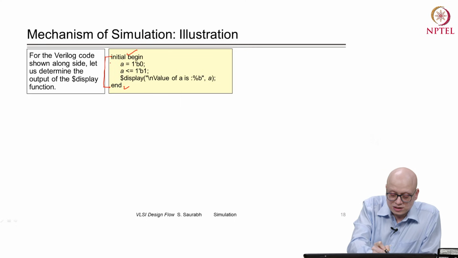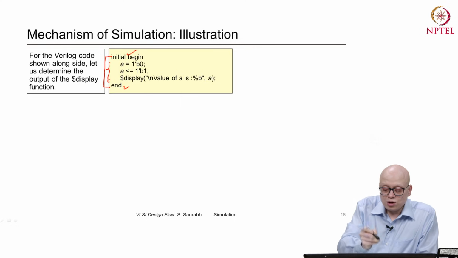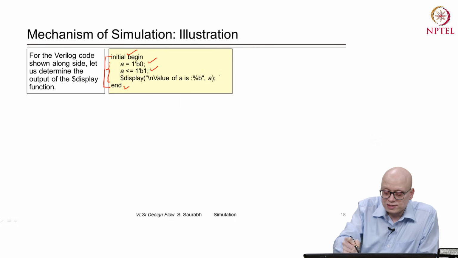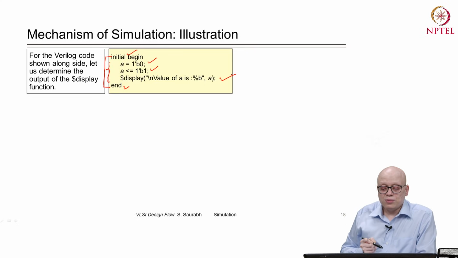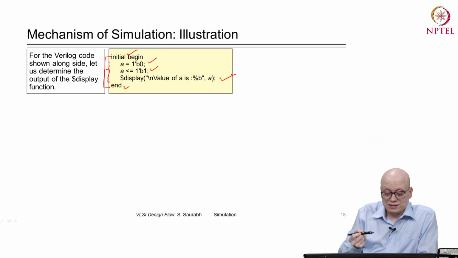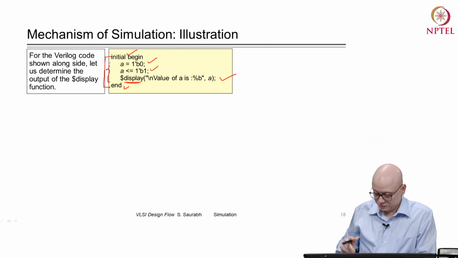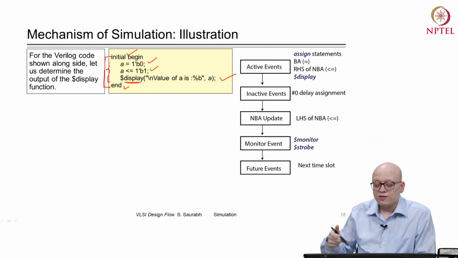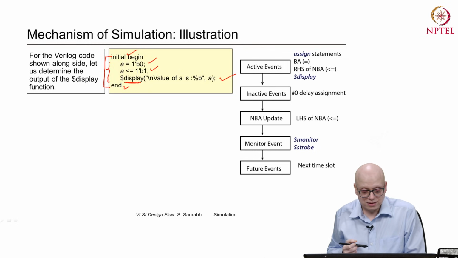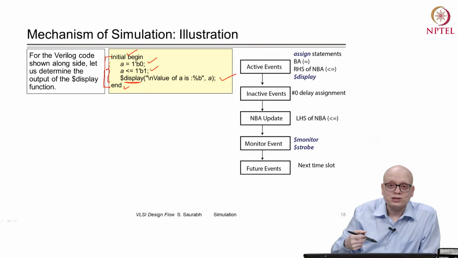So this is a sequential statement, and these statements will be processed in a sequential manner. Now, let us understand what will be displayed by the display statement. This is the stratified queue that we just discussed, and let us understand how the processing will be done.